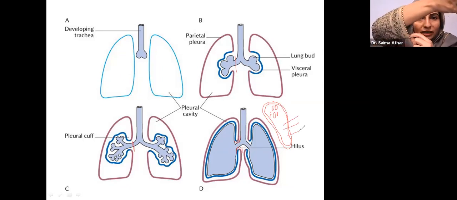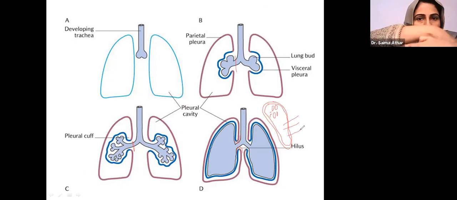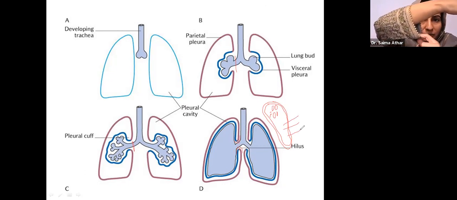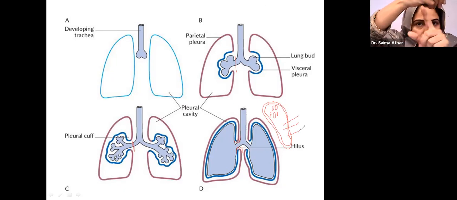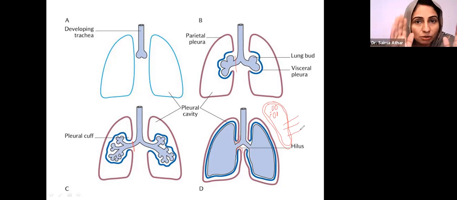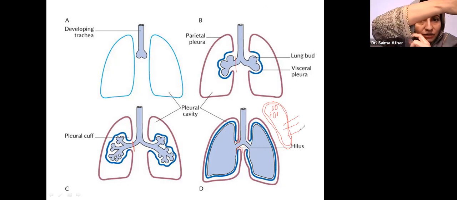Now, why is this pleural ligament present? Okay, this is the pleural ligament. This whole is the pleural cuff, but the lower extended part is the pleural ligament. Now why is this? This is also parietal and visceral pleura. The area where parietal and visceral pleura are joining is the pleural cuff and pleural ligament. Remember. Now, why is this free area there?